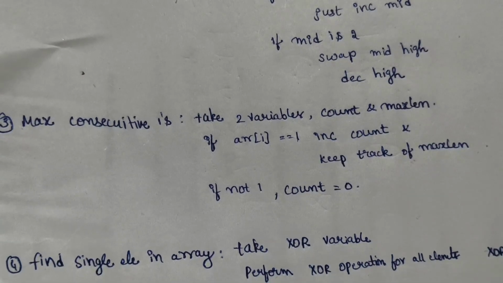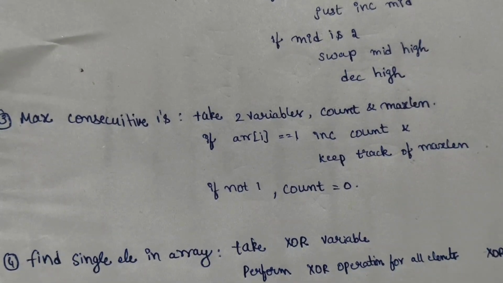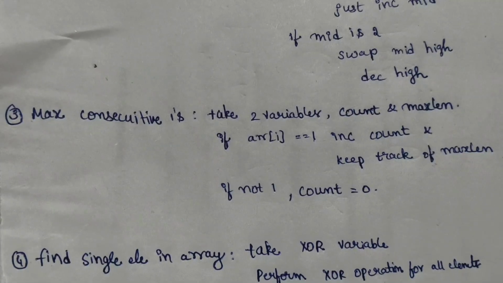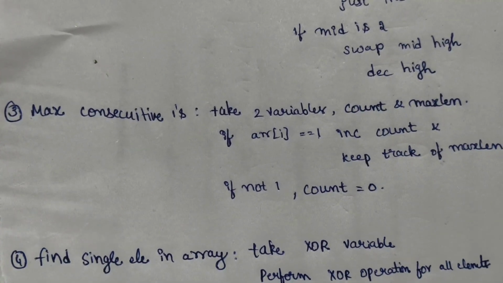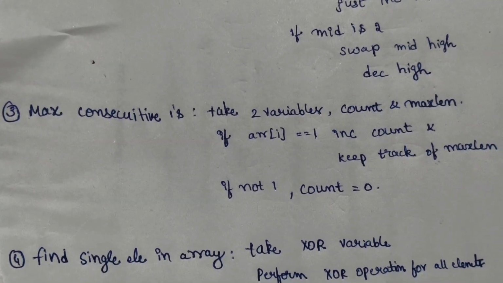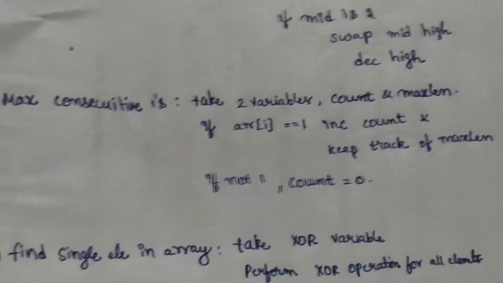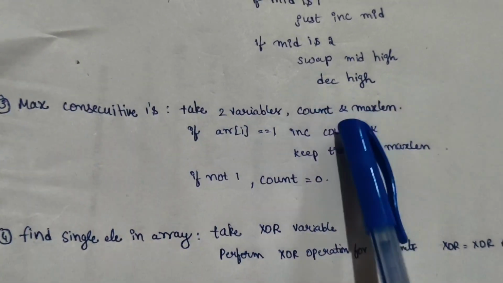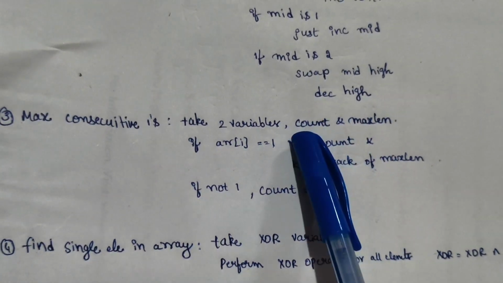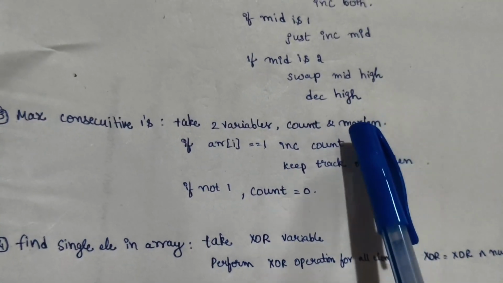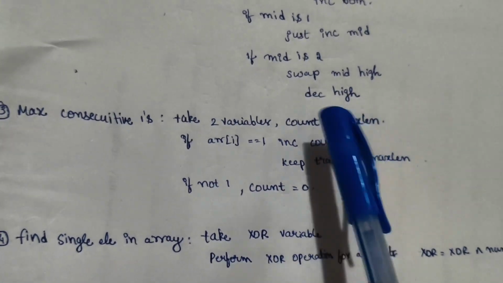Now the third one is max consecutive ones. There will be an array consisting of any number of elements, and we have to find the maximum consecutive ones. That refers to ones occurring side by side. For this we will take two variables, the count for maintaining the count of elements and max length for keeping track of the maximum length of ones.